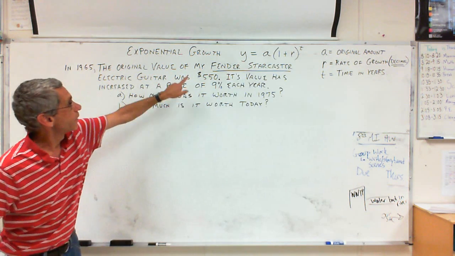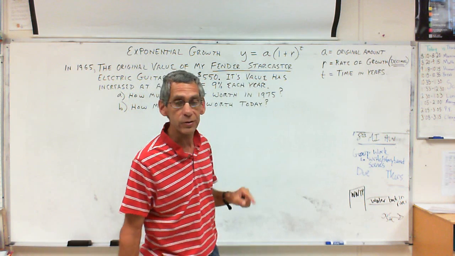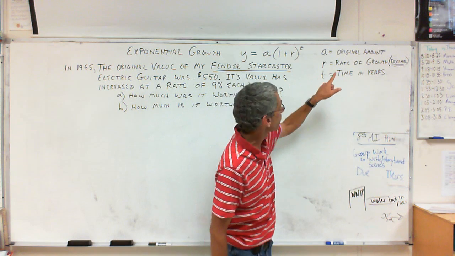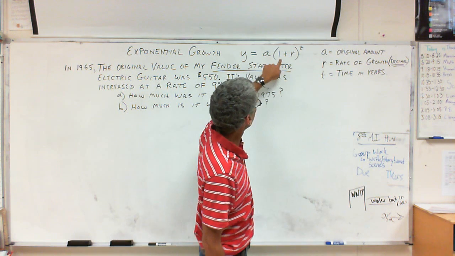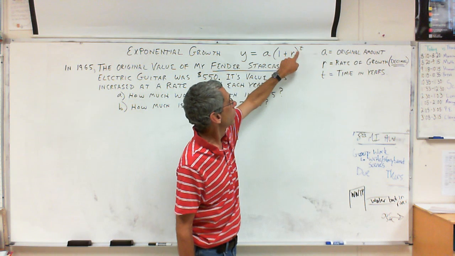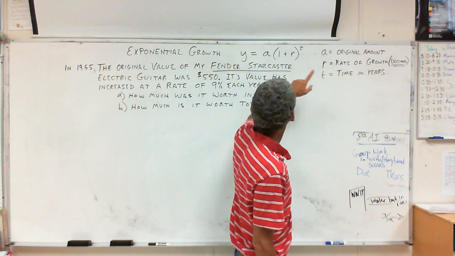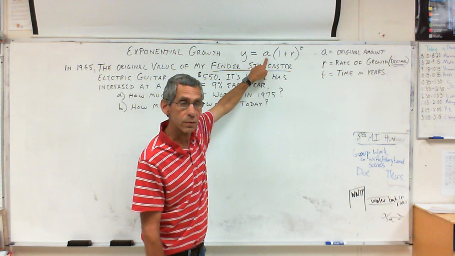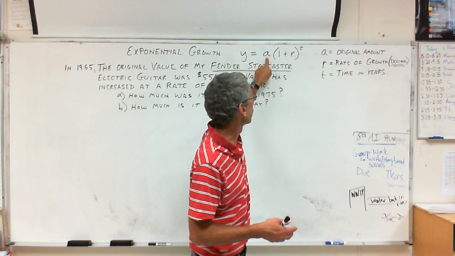Watch this. Exponential growth. This is the formula for exponential growth. So what this stands for, I believe you can see it: Y equals A times (1 plus R) raised to the T power. A is the original amount that something costs, or the original amount of population or whatever.